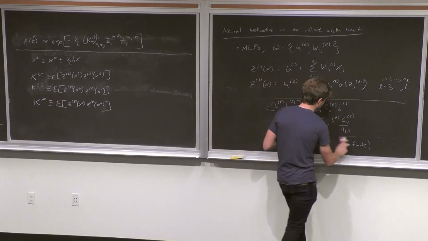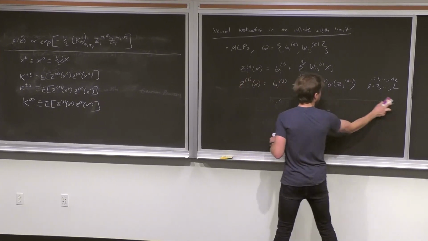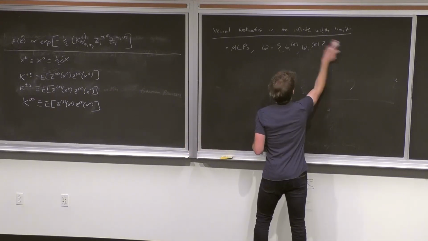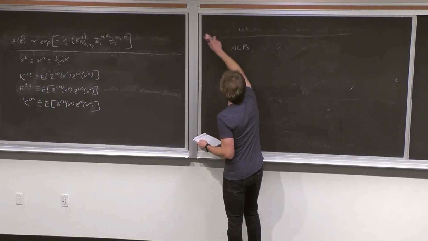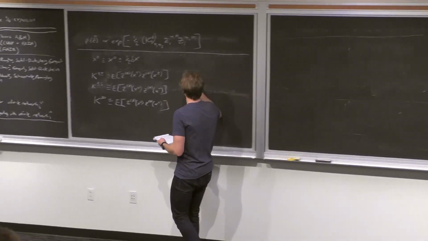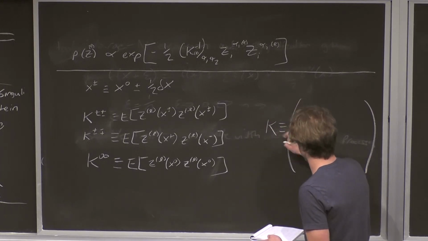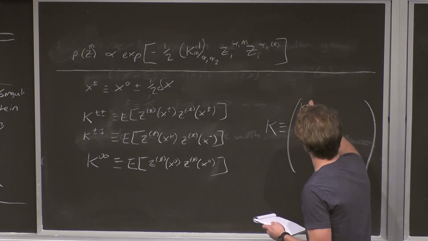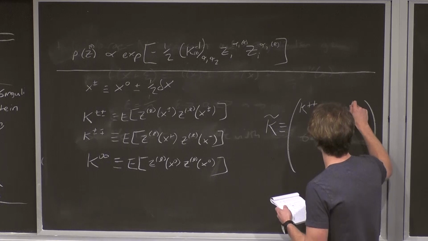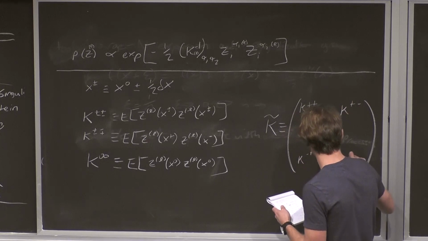Why is this a good set of observables? I probably have to stop erasing to fully be able to write it out. So why is this a good set of observables? Oh, sorry, before I do that, also note I'll sometimes write a capital K, here I'll put a tilde on it to differentiate it, which is just composing this kernel into a 2x2 matrix.